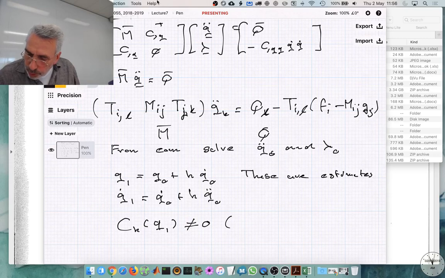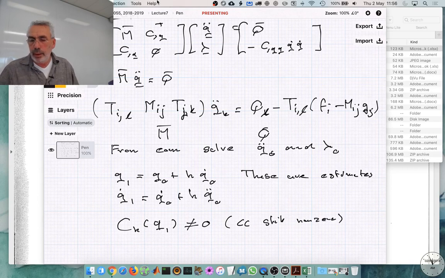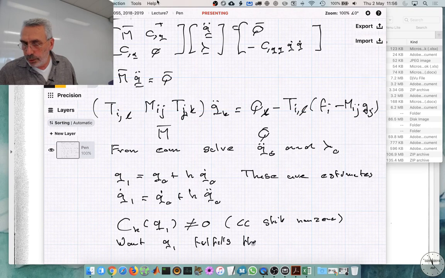It's probably a small number, but still non-zero. And to be in a legitimate configuration, we like the coordinates to fulfill the constraints. So we want that Q1 fulfills the constraint.